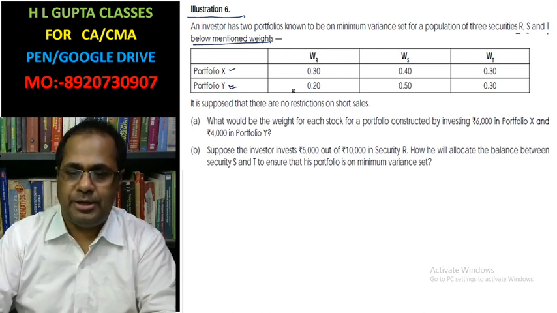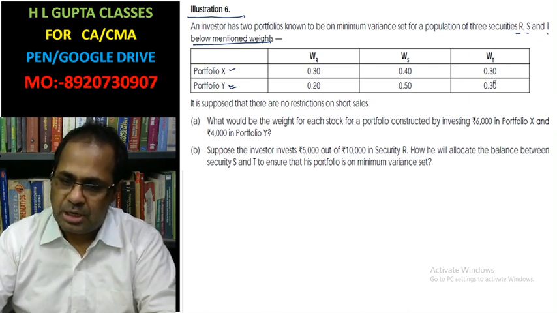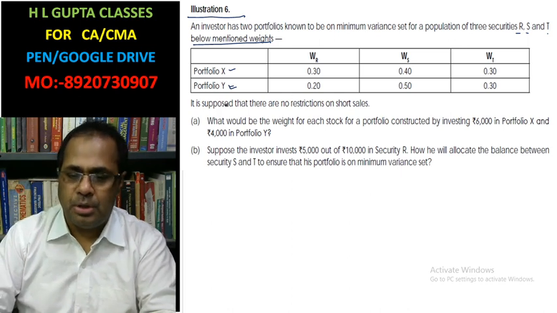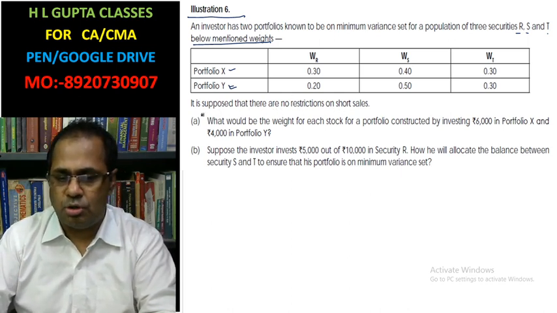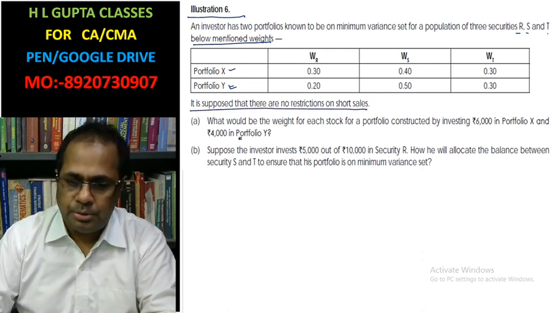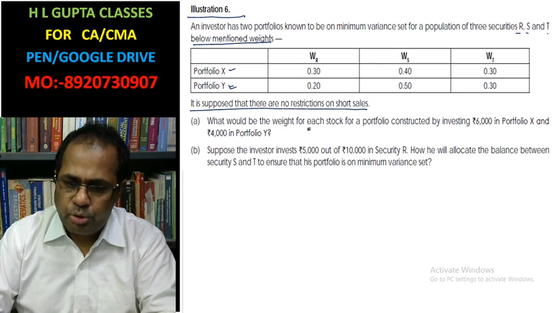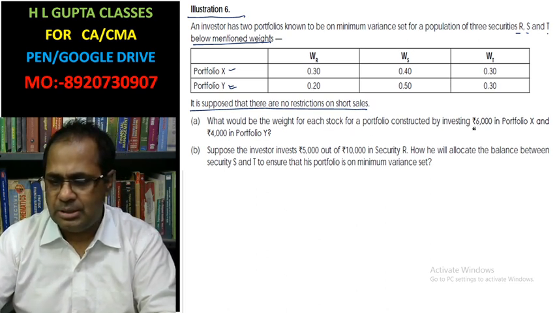For portfolio Y: 20% R, 50% S, and 30% T. It is supposed that there is no restriction on short sale. If you need, you can short sell also. What would be your weights in each of the portfolios constructed by the investor?